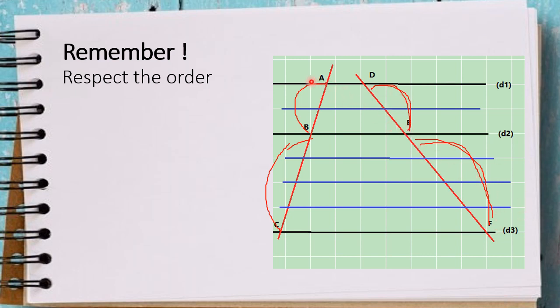If we start from above, we say AB over BC equals DE over EF. Or we can start from the second section: BC over AB equals EF over DE. But the important thing is that wherever you start here, you start here. So respect the order.